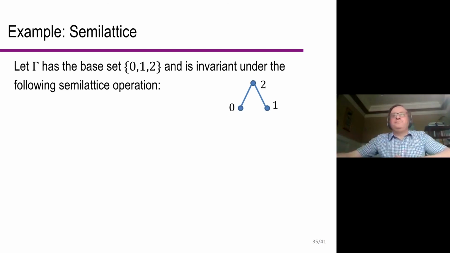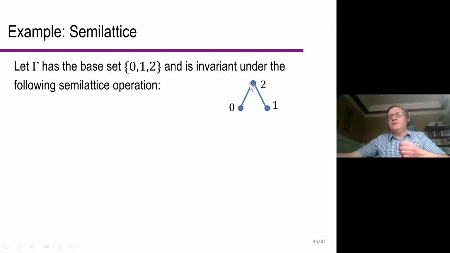So what does it mean? This basically represents multiplication, right? The semilattice multiplication here. So the semilattice operation is idempotent, which means that 0 times 0 is 0, 1 times 1 is 1, 2 times 2 is 2. Okay. Now, if I multiply two different things, like for instance 0 and 2, I always get the element which is higher here.